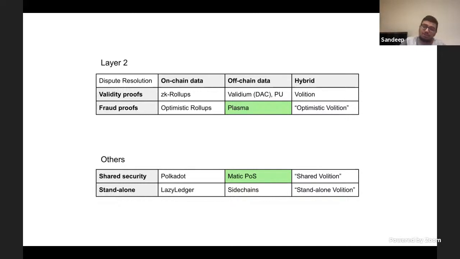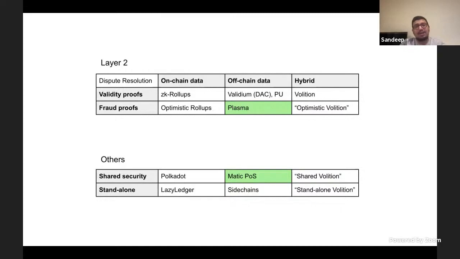When you're doing this computation off-chain, if it's a pure layer 2, which is completely dependent on Ethereum, you need to see where the transactions happening off-chain have their data kept, and how the dispute resolution will happen in case there is some sort of fraud or inconsistency in the off-chain computation.